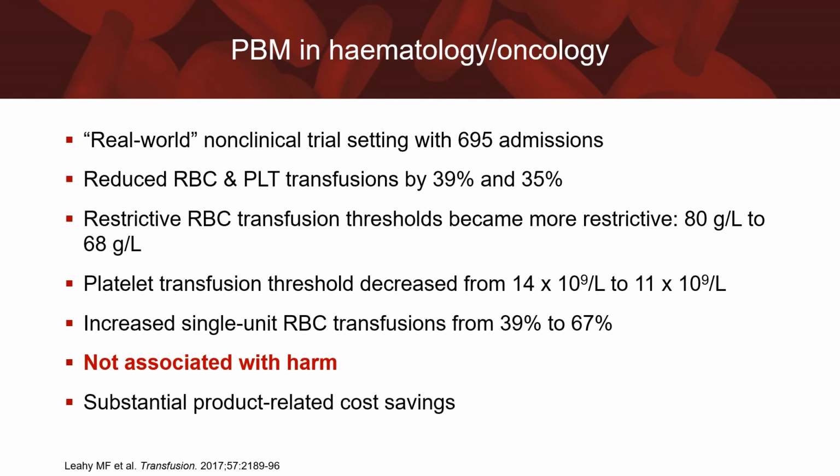Overall, there was a reduction in the use of red cell and platelet transfusions by 39 and 35% respectively. What was already a restrictive red cell transfusion threshold became more restrictive, falling from 80 grams per litre to 68 grams per litre. The platelet threshold for transfusion fell from 14 per nanolitre to 11 per nanolitre.